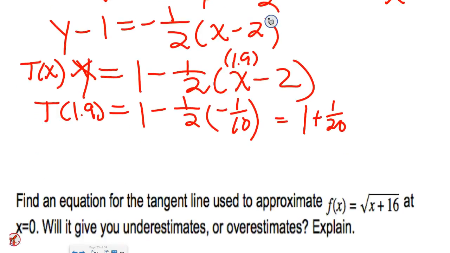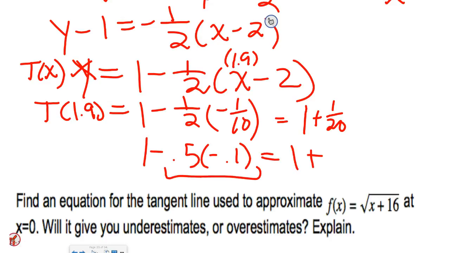If you went decimally, 1 minus 0.5 times negative 0.1, you would have 1 plus, we have to go back to elementary school. What's 0.5 times 0.1? I know you feel like I'm insulting your intelligence, but I see a lot of decimal errors in this section. So what's 0.5 times 0.1? It's 0.05. Thank you. I get a lot of 0.5s on that one. 0.05. So here's my approximation.